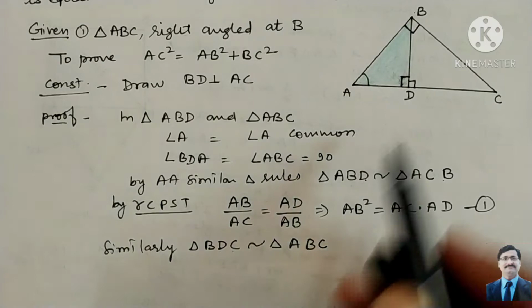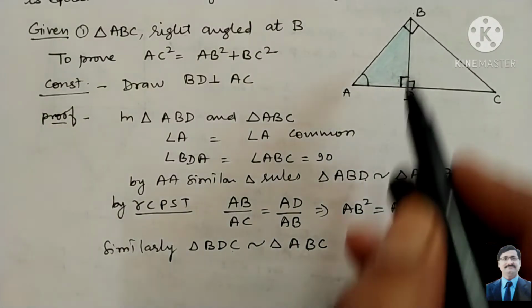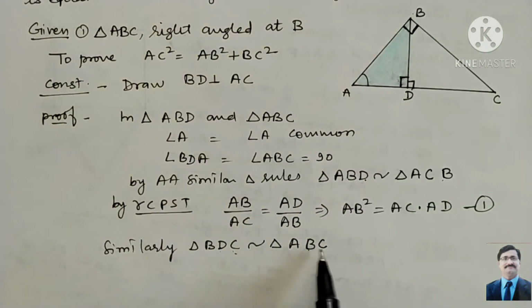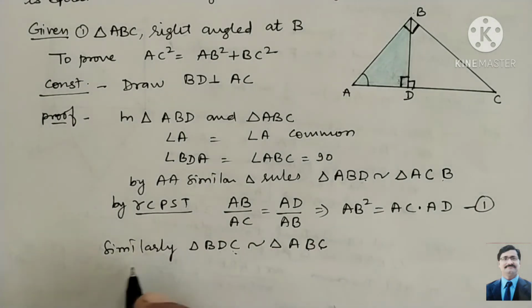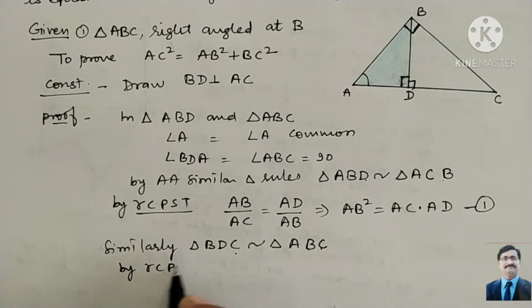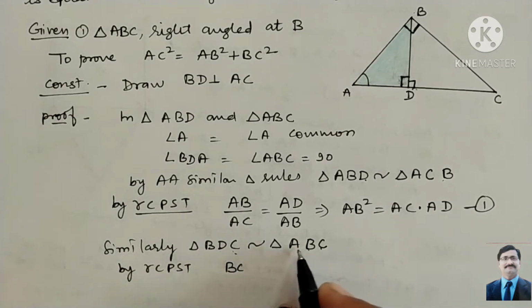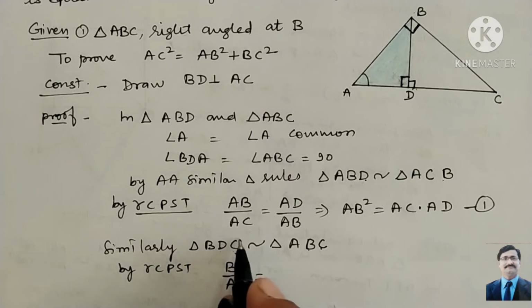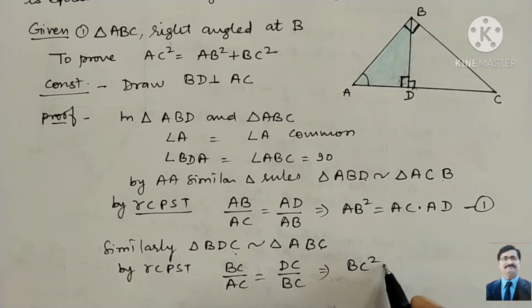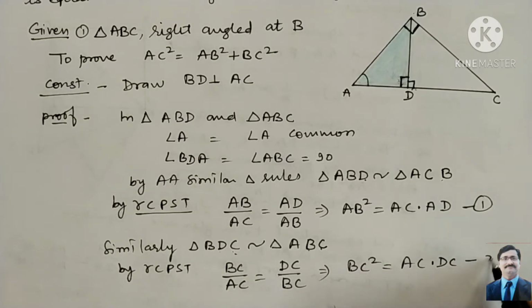By RCPST, BC upon AC equals DC upon BC. If we cross multiply, we get BC square equal to AC into DC, and this is equation number 2.